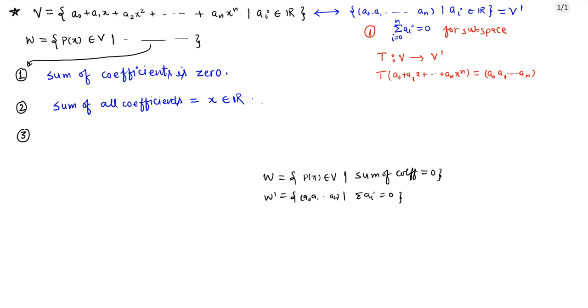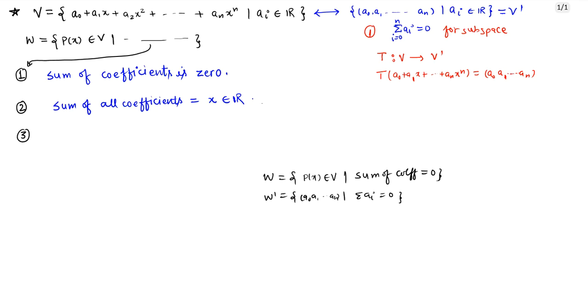Both are vector spaces, because every subspace is itself a vector space. W and W prime are both vector spaces. Both are vector spaces or not? Yes.